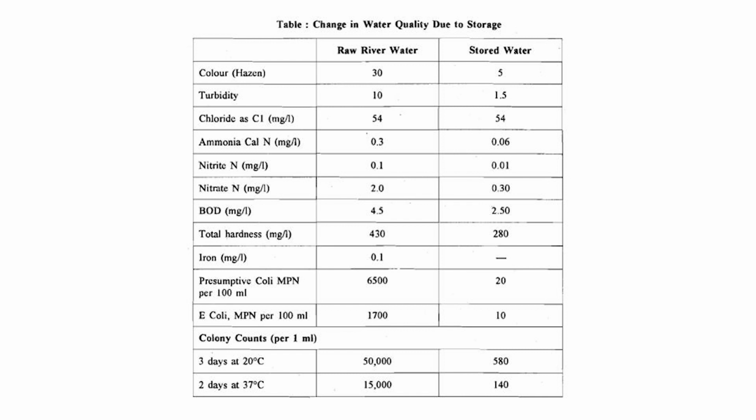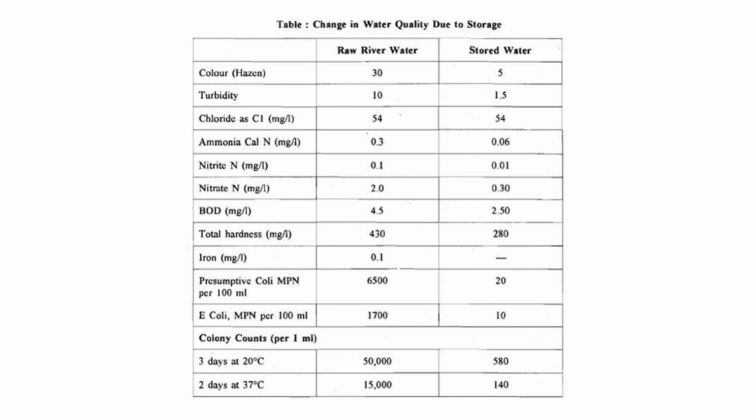Chloride, in milligram per liter: in raw water this is 54 milligram per liter, but in stored water it is again 54, because storing the water has no influence on chloride. Ammonia earlier is 0.3 milligram per liter, and after storing it is 0.06 milligram per liter. Nitrite reduces from 0.1 milligram per liter to 0.01 milligram per liter in the stored water.